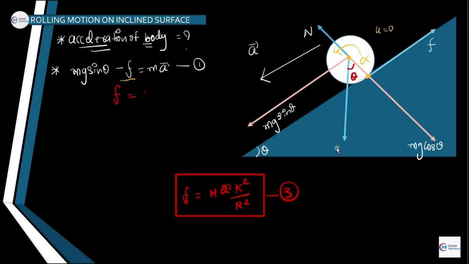Mg, and it is ma k square upon r square. Now let me mention over here ma k square upon r square.